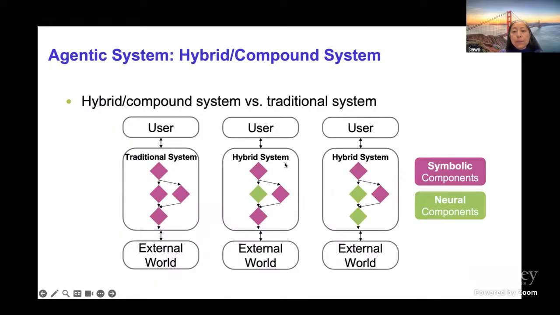Just like you can have multiple symbolic components in the traditional system, in the hybrid system, besides having multiple symbolic components, you can also have multiple neural components. You can have, for example, different models, and you can have different sub-agents and so on. So as you can see, agentic AI systems are much more complex. It's a hybrid system that contains both symbolic and neural components, and can contain multiple of each.